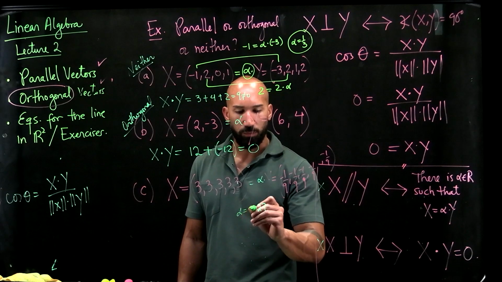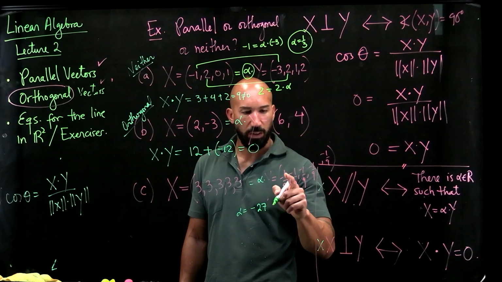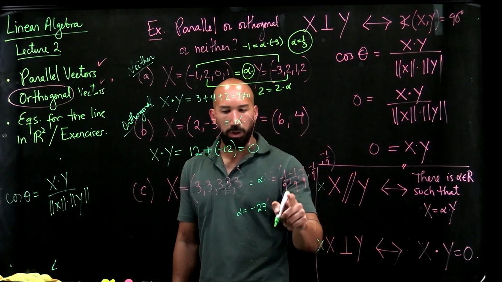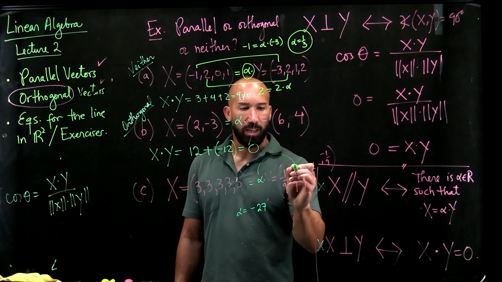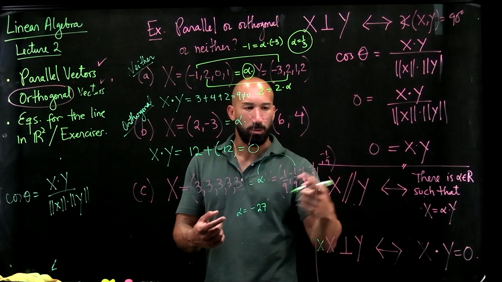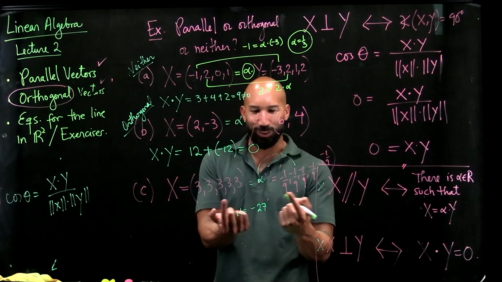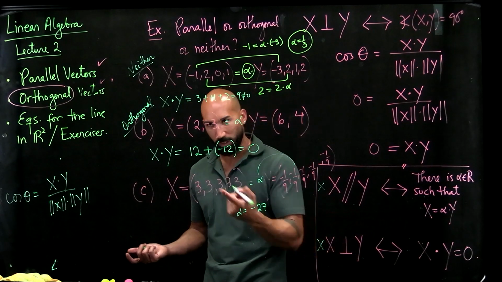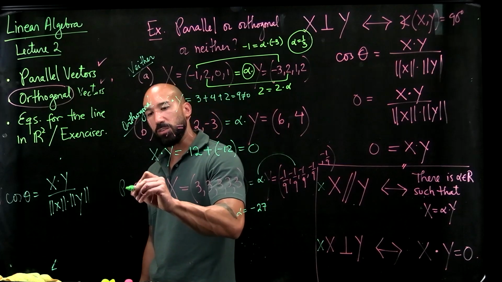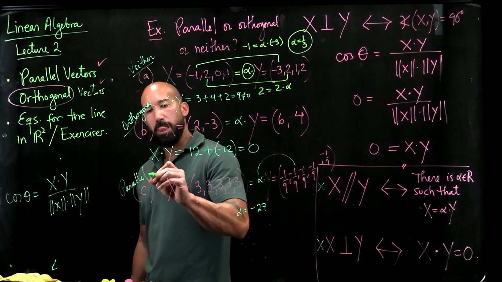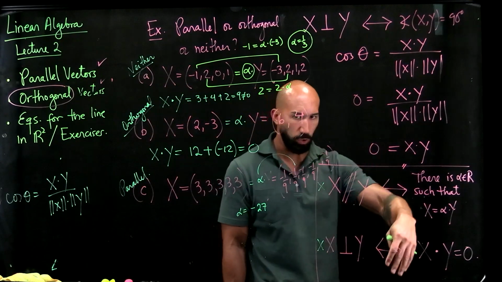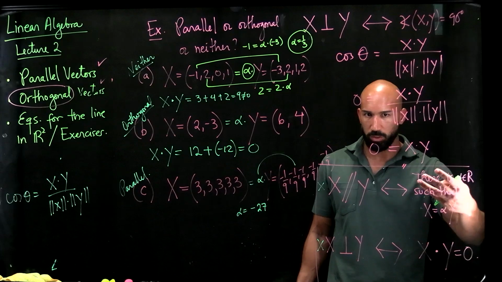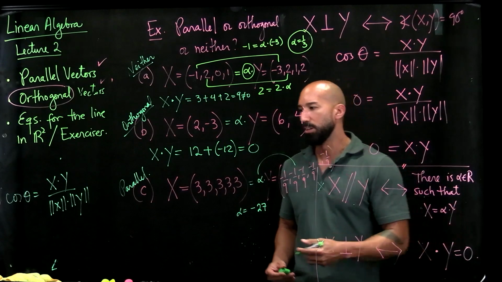If alpha is negative 27, negative 27 times negative 1 over 9 is going to give us 3. But if we multiply now that alpha by the second component, since all the components here are the same, this is working for all the components. So in this case, the two vectors are parallel. Okay? Good so far. So it's clear how we use these two criteria here.